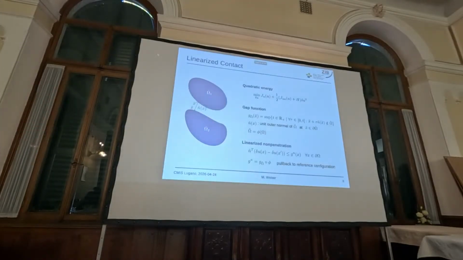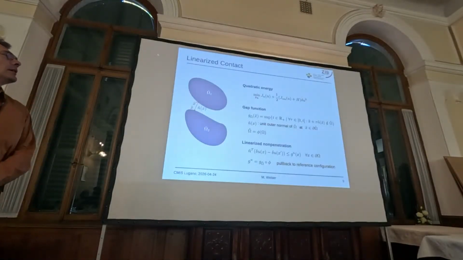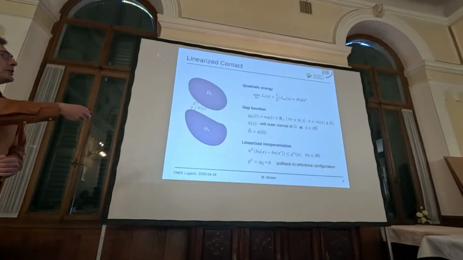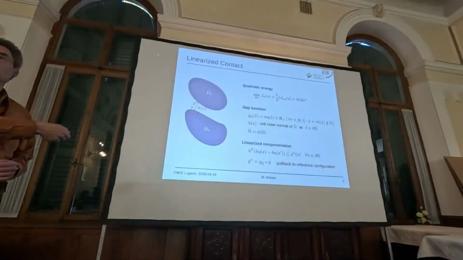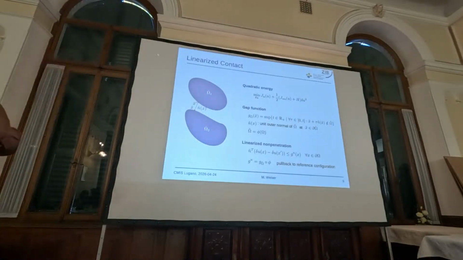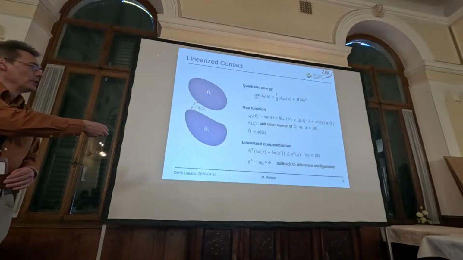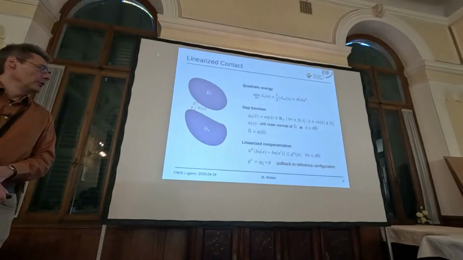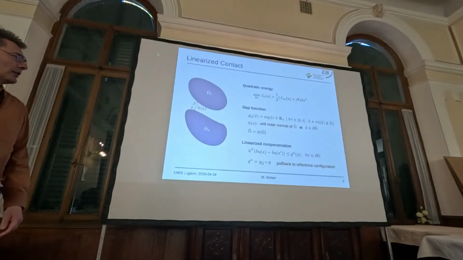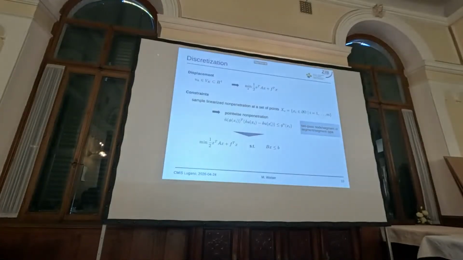So what we do is what most others do as well: we linearize both the energy, with the quadratic energy maybe regularized, and this gap function looking into the normal direction from all the boundary points, and have linearized non-penetration, so the motion along the normal should not be further than the current gap. So that is quite standard.